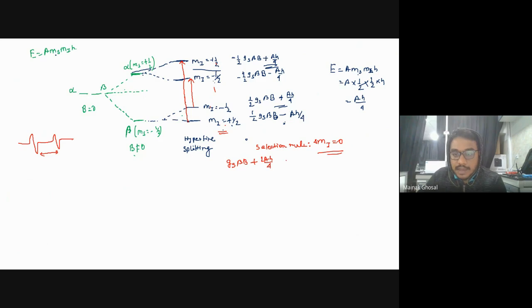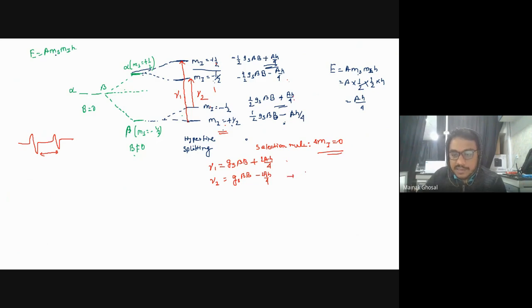And suppose this is for nu 1, this is for nu 2, and what would be the value of nu 2? Nu 2 should be equal to gs beta b minus 2ah by 4. I am just subtracting, highest minus lower.